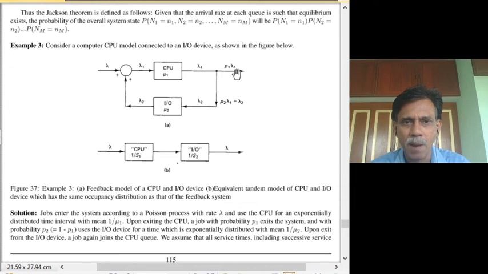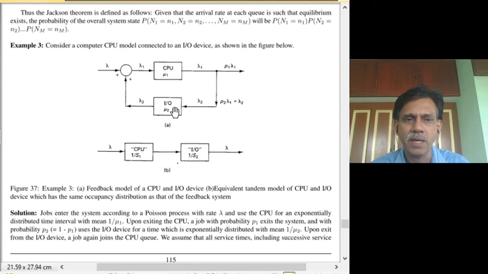So P1 lambda 1 is the rate at which jobs completing the CPU leave the system. P2 lambda 1 is equal to lambda 2, which is the arrival rate to the second queue, the I/O queue.